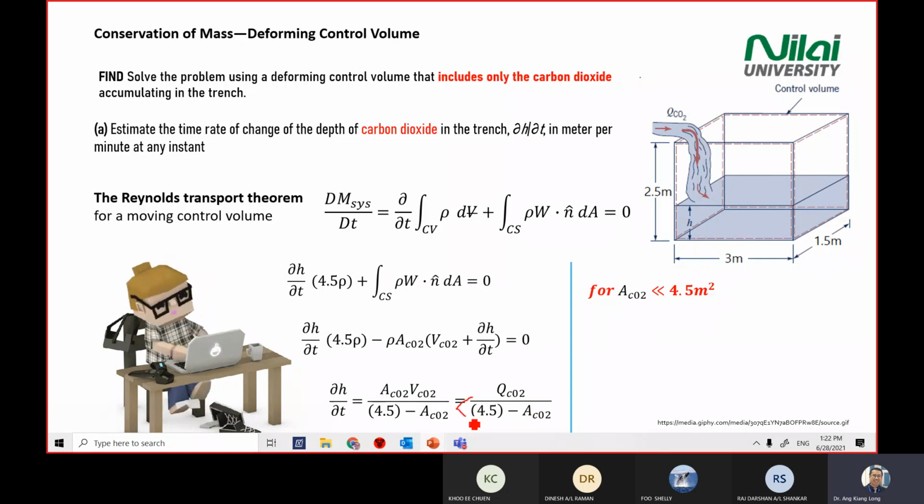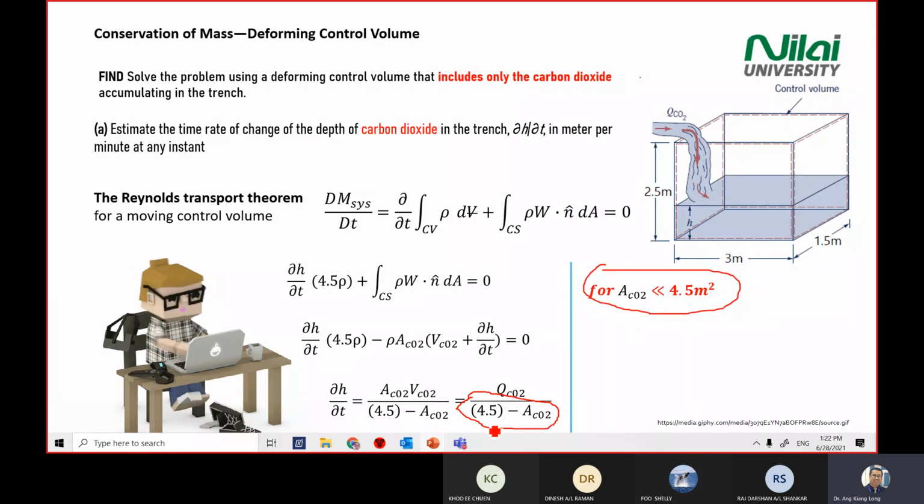Mathematically, you need to be careful when you have a fraction. This is the condition to continue calculation. Your A CO2 must be less than 4.5 meter square. If you have a smaller number minus a bigger number, then you get a negative scenario which does not agree with what the question is set for.